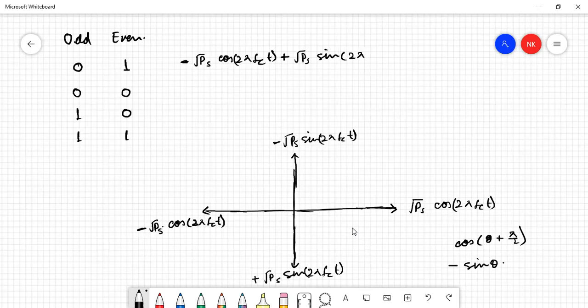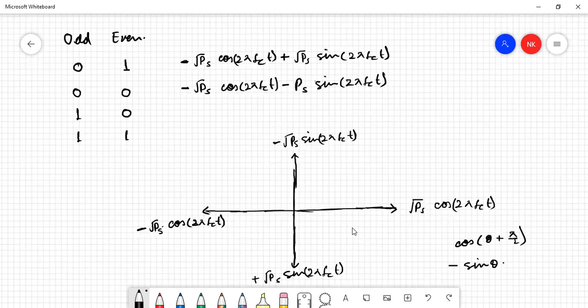For the case of 0 0, 0 means there is a minus 1 Ps, and first is the odd part, so it is cos 2 pi fct, and for the even part for 0 0 it is again 0, so again there is a minus Ps, and for the even part it is sine 2 pi fct.